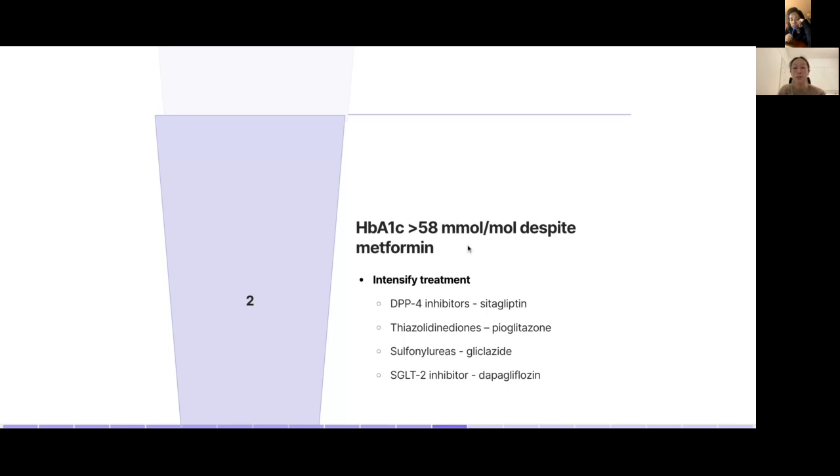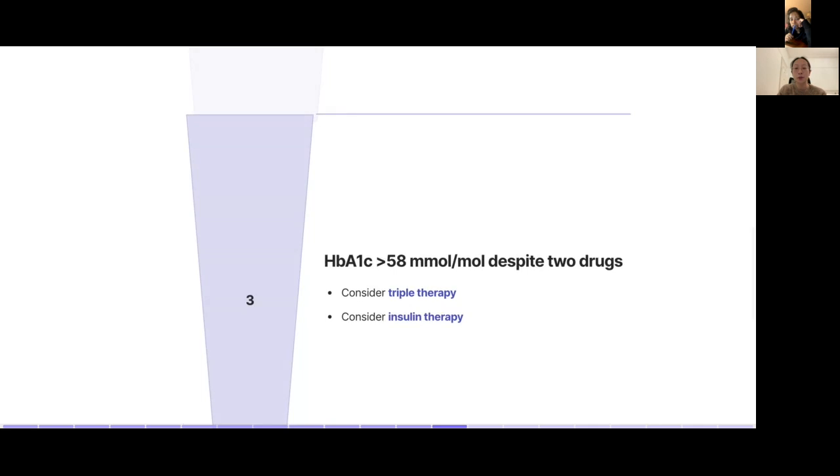And if their HbA1c is now greater than 58 millimoles, because you're giving them 2 or more diabetic drugs, then although your HbA1c target at this point would be 53, you need to start them on triple therapy or insulin therapy. And if that isn't working, so they're on triple therapy and their HbA1c target is at the higher threshold now, 58, what do you do?